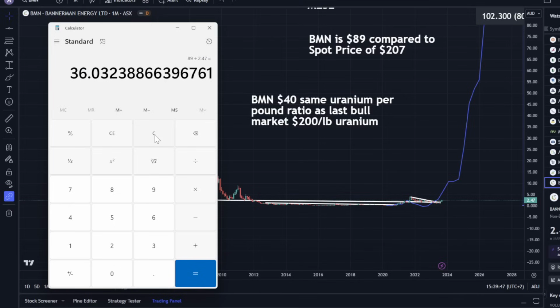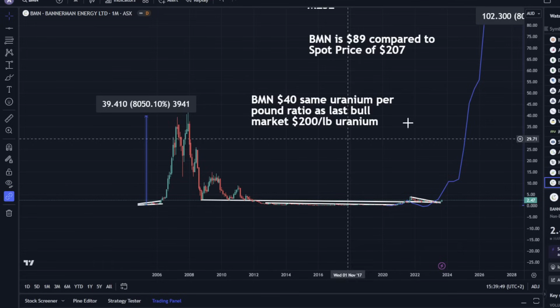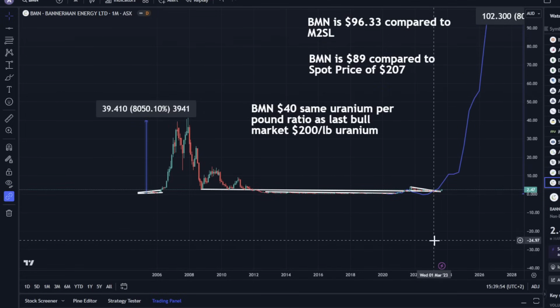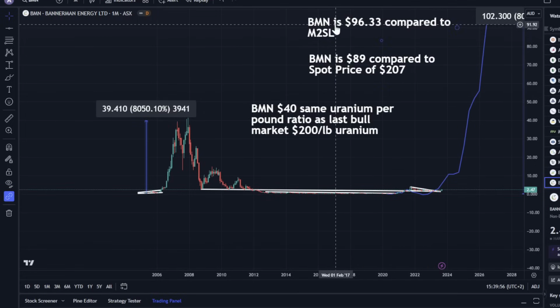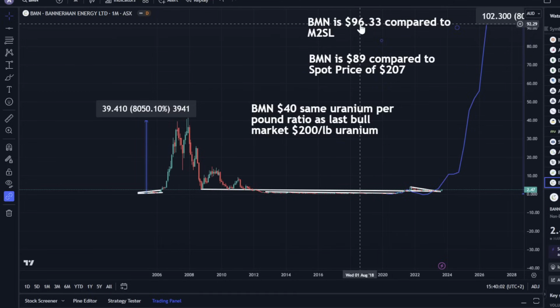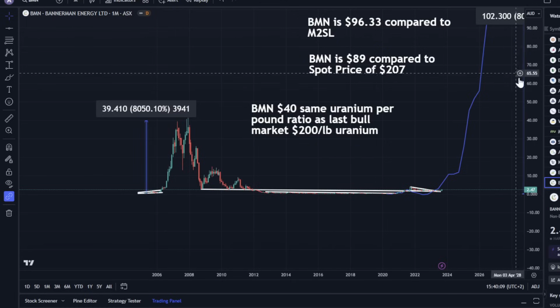And again, guys, I don't know if this is going to occur. These are just calculations. The next one going up is against the M2 money supply. If Bannerman were to get to a ratio as it did in 2007, and that same ratio were to repeat, Bannerman would be priced at $96 compared to the M2 money supply.